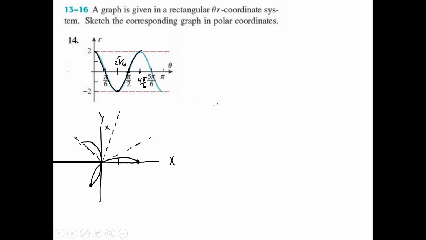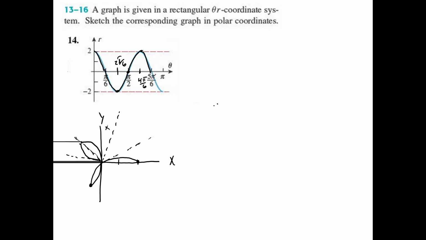Now, once you get from 4 pi over 6 to 5 pi over 6, that's 150 degrees. And so 150 degrees is over here. Your R values, that's these R values right here, go from a max of 2 back down to 0, so you're back at the pole.